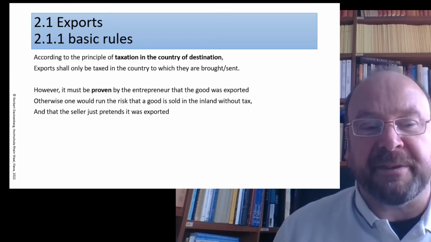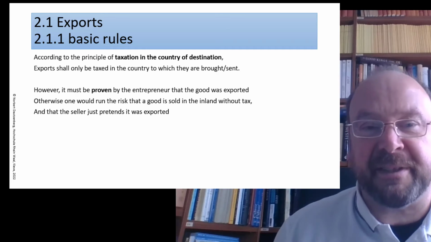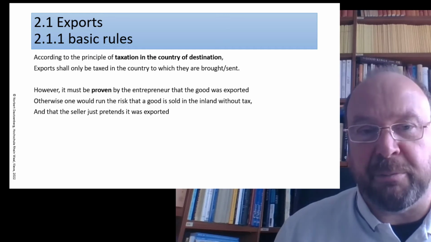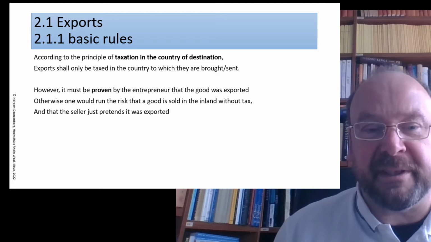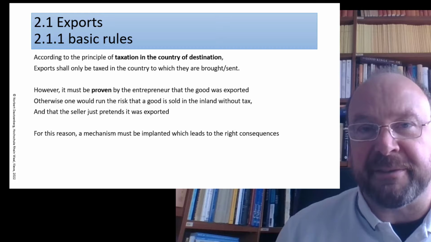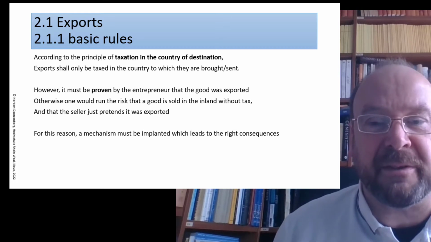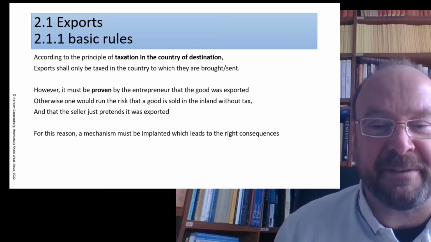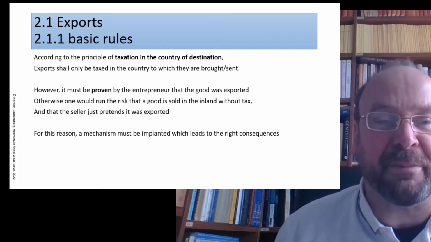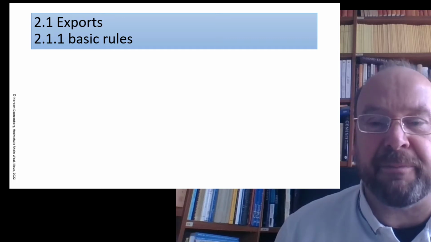So if the seller could successfully just pretend something was exported, the whole system would break down, because then you would have untaxed goods competing with taxed goods in the inland, and that distorts the market strongly. For this reason, you need to establish a mechanism which leads to the right consequences and incentives if the seller cannot prove the exportation. That is simple.